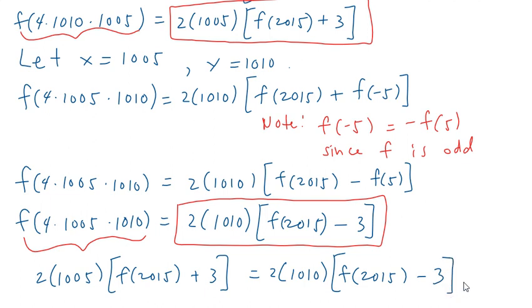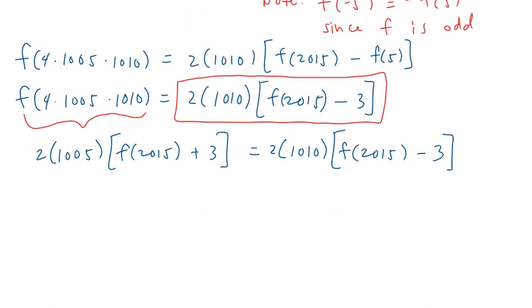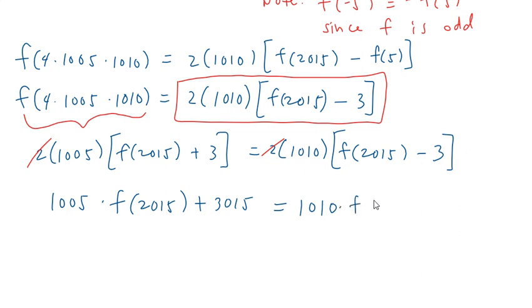Okay, now we can cancel out 2 to simplify, and then let's distribute 1005 and 1010. So we have 1005 times f(2015) + 3 times 1005, that's 3015, equals 1010 times f(2015) - 3030.